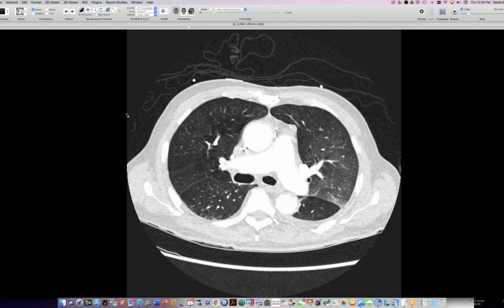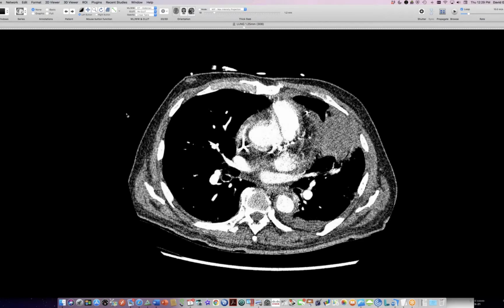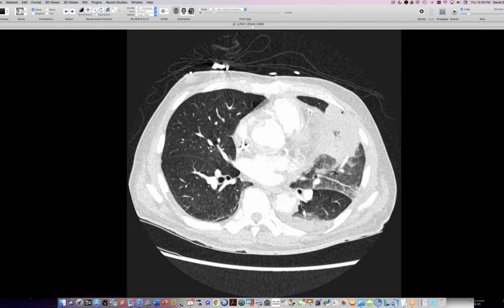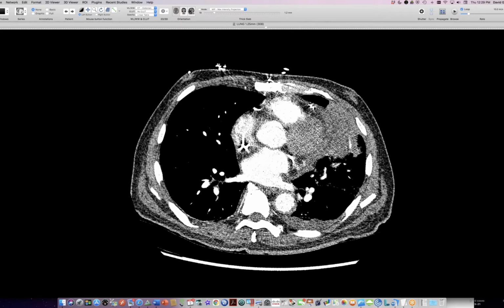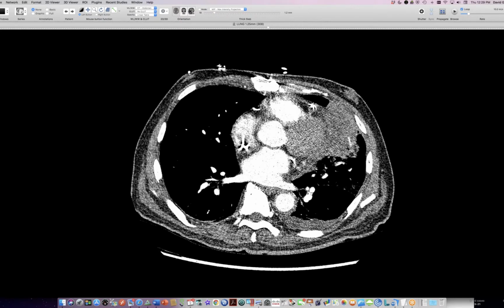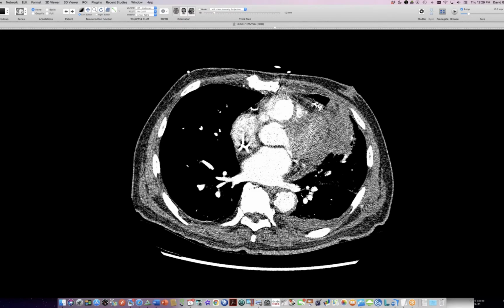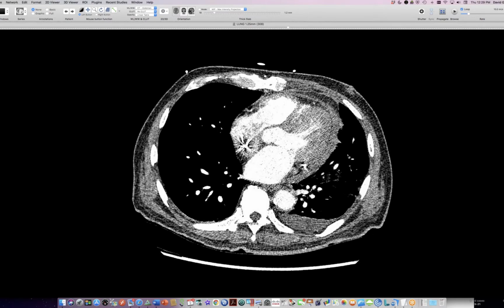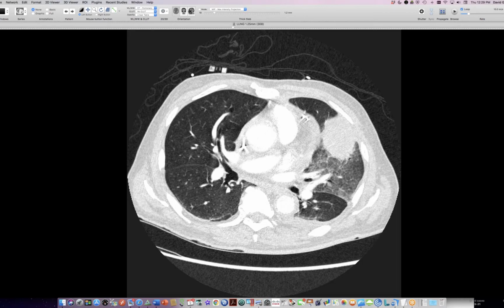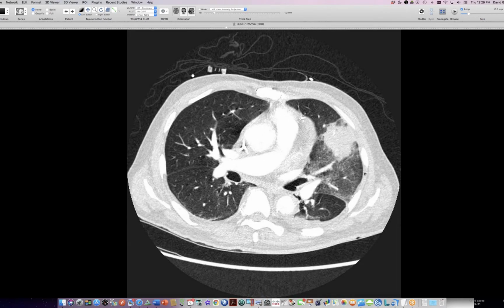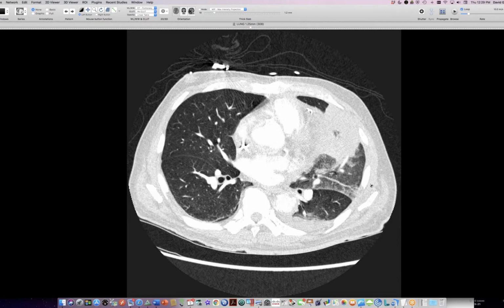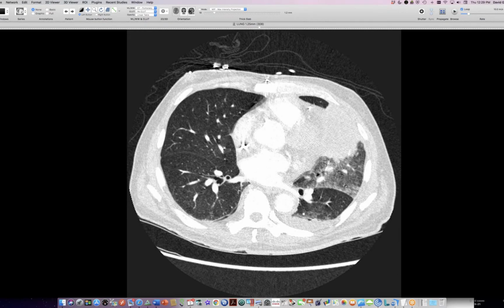It's got a little bit of a necrotic center to it, so it looks like a very thick-walled bird's nest if you're so inclined. So it really looks like a nice example of mucor. It seems to be in contact with the mediastinum, and there's pericardial stuff here, so it may be spreading into the pericardium. And there's an accompanying pleural effusion surrounding, possibly hemorrhage if there's angioinvasive fungus here.